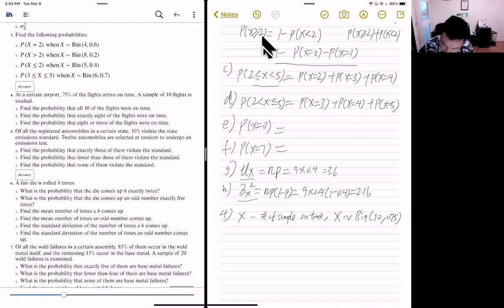So this is a very, very important first step. You define what distribution your experiment follows. Then the remaining will be easier.